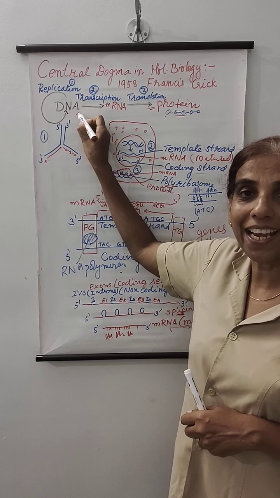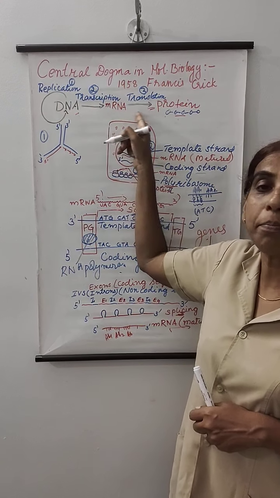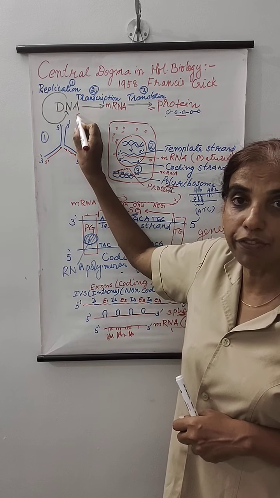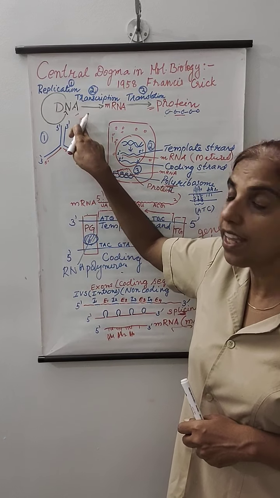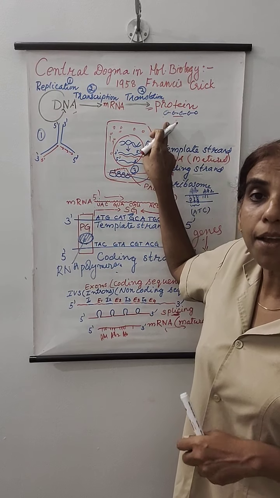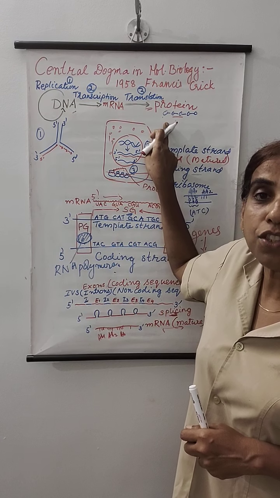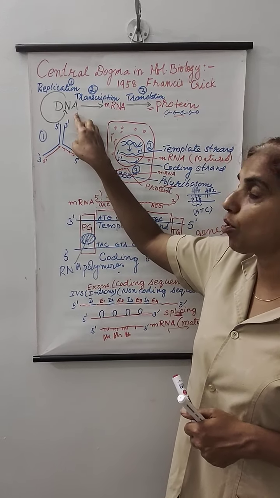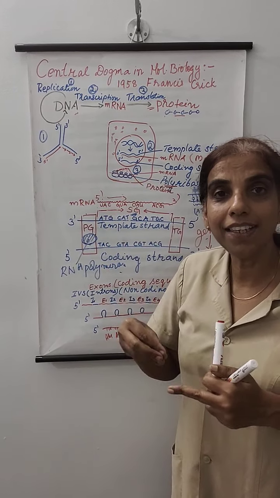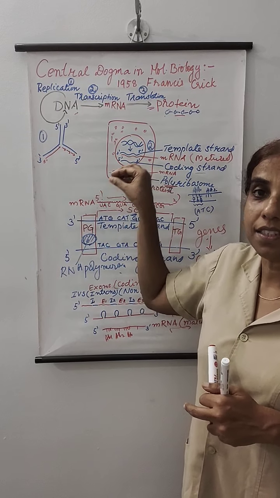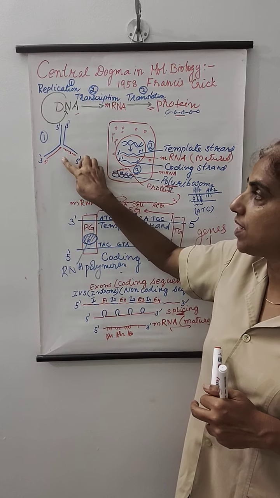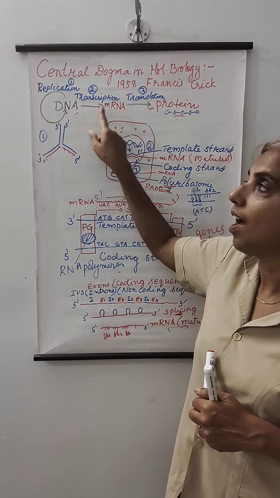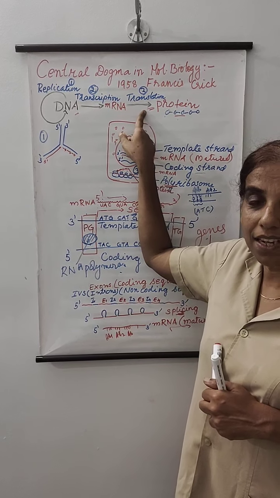So from this we can understand that the central dogma shows the flow of genetic information from DNA to the final product in the synthesis of protein. I hope that now the three processes are clear: the first one, replication, the second one, transcription, and the third one, translation.